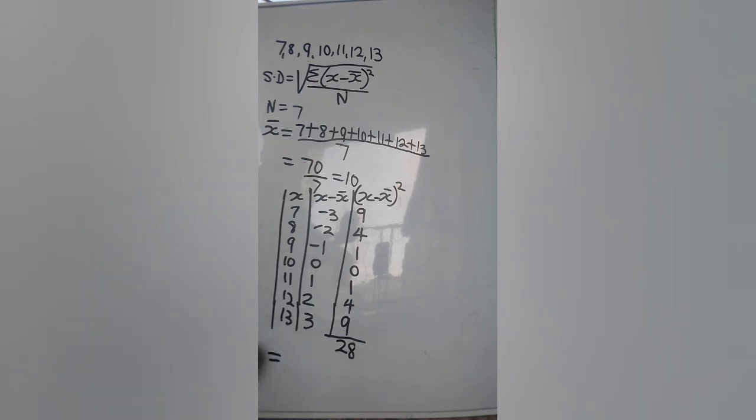So the standard deviation is the square root of the 28 we got in the summation, all over n, which is 7. When 7 divides 28, we get 4. And the square root of 4 is 2. So this is our answer.